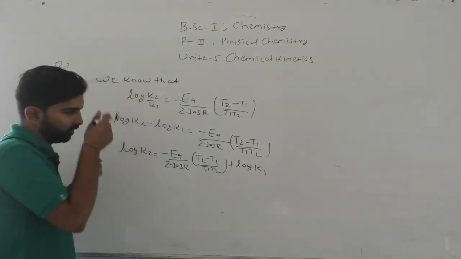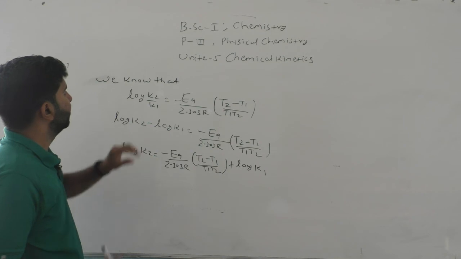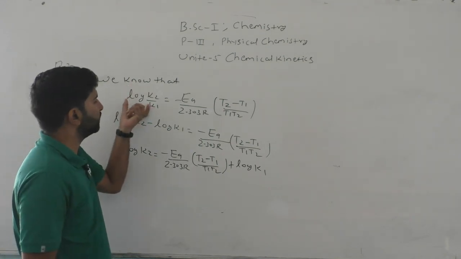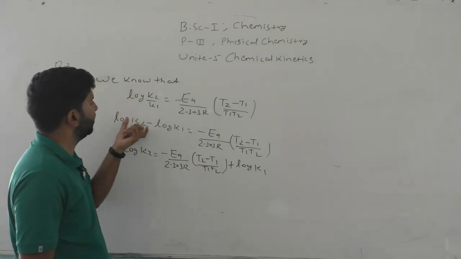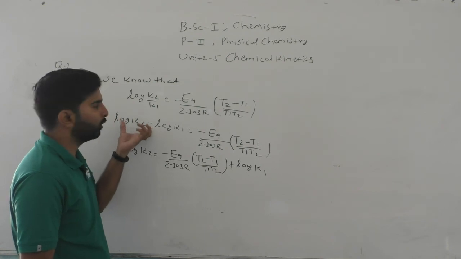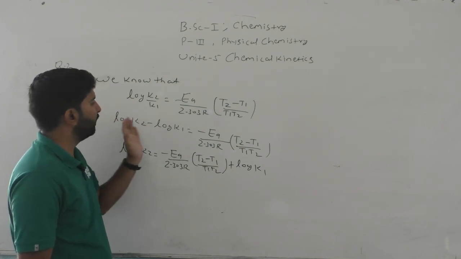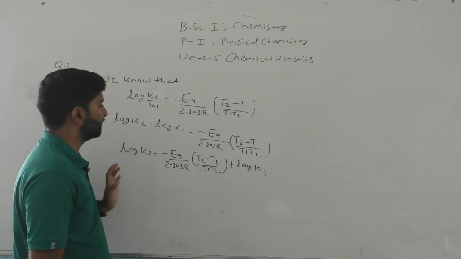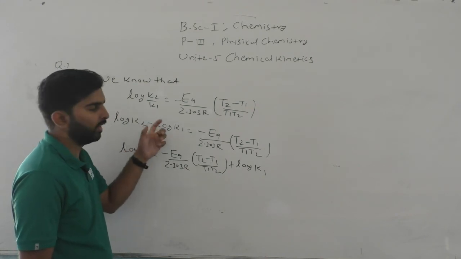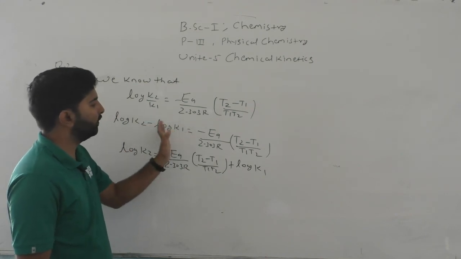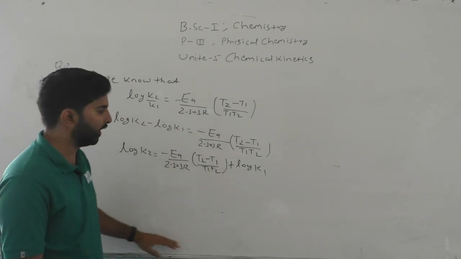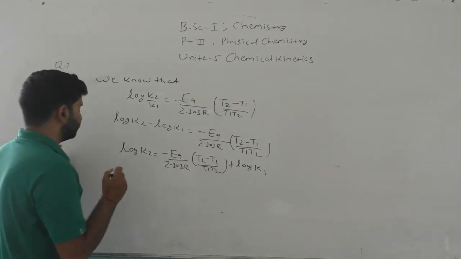So in this type of problem, first we convert this into log K2 minus log K1 by using logarithm properties. Then we move this term to the right hand side. Here it is in negative sign. When we move this from left to right, it becomes positive sign. Now we put in the values.